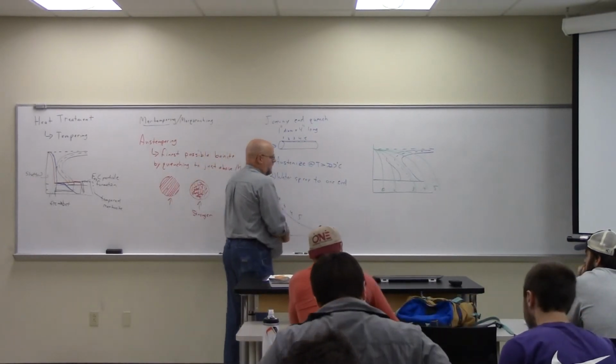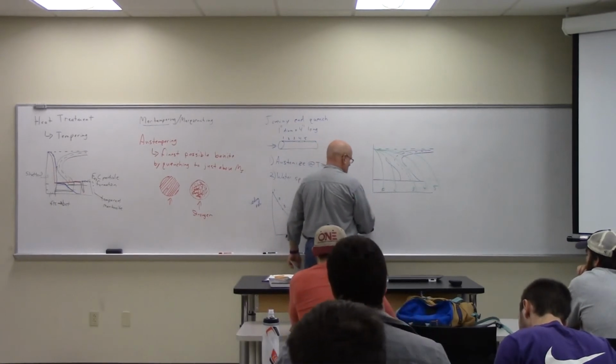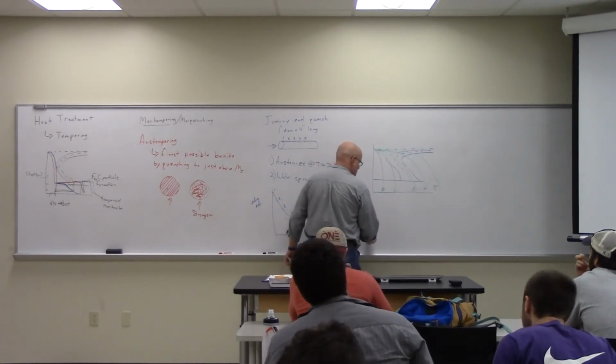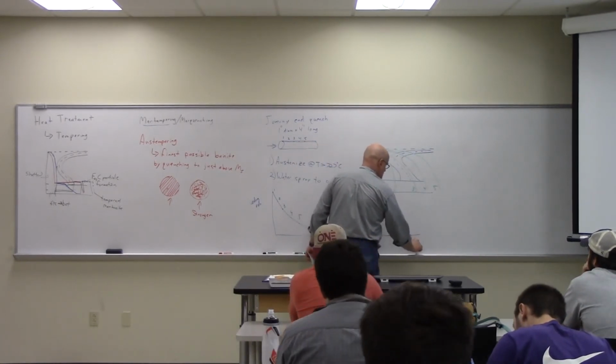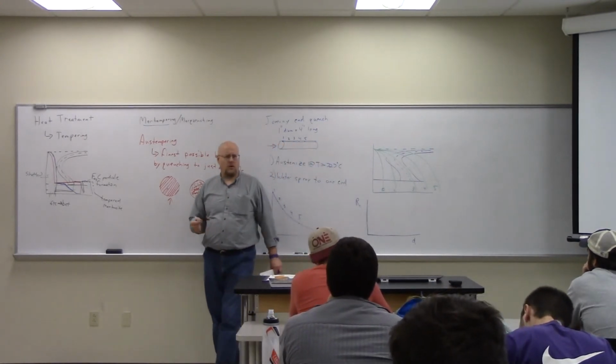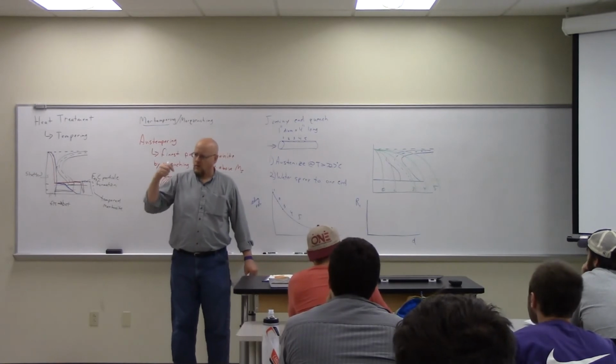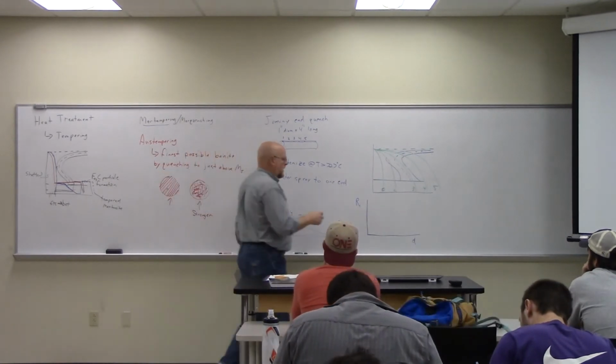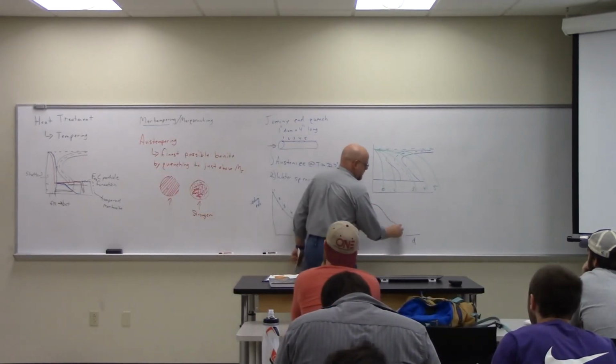And if I then came back and plotted hardness as a function of d, Rockwell C hardness, and we talked about hardness, resistance to an indentation, I get something that looks like this.